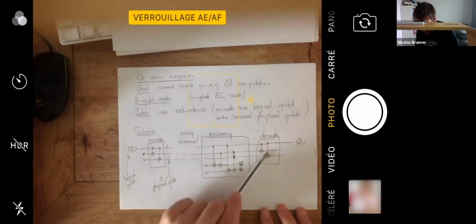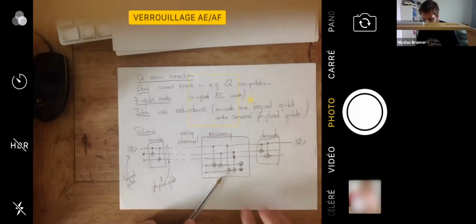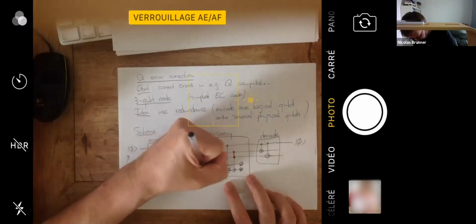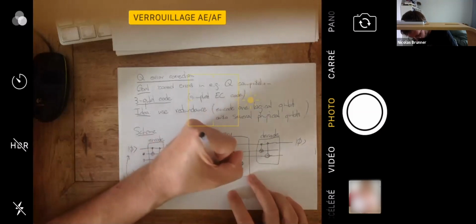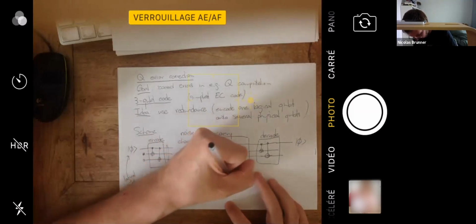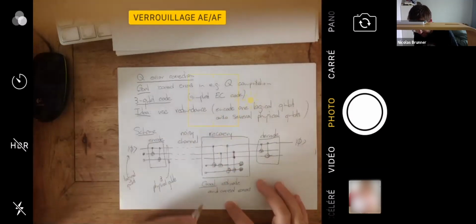Then we have 2 steps after the channel. First, we have a recovery, and the goal of this step is to estimate and correct errors. Okay, this is the goal of the recovery.